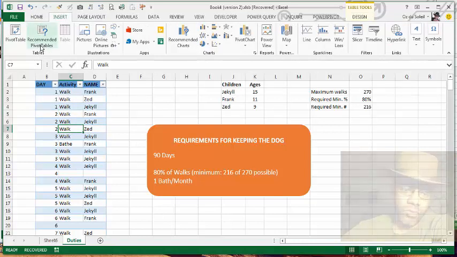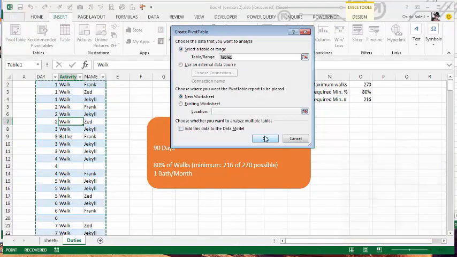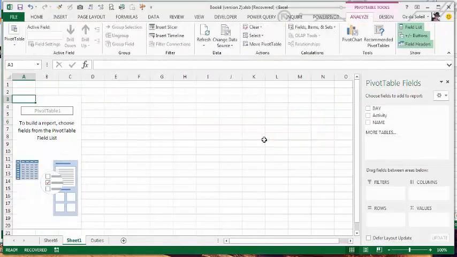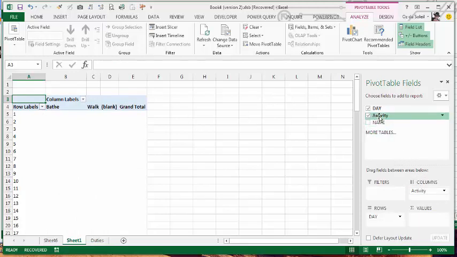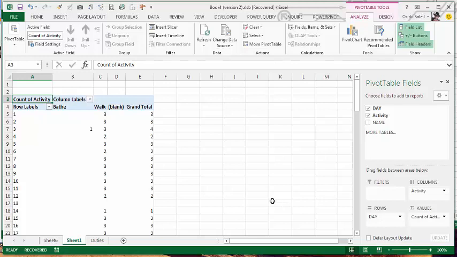There are no formulas. Now, let's look at, say, the day on the rows and activity on the columns. And let's put the activity also in the values.